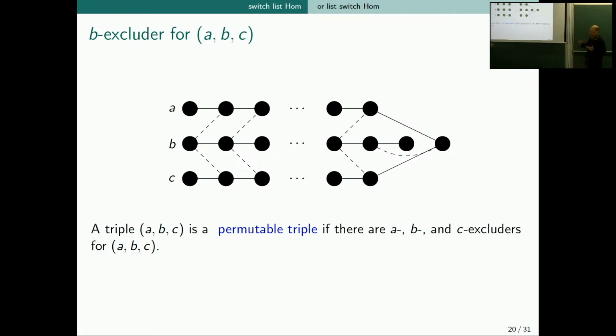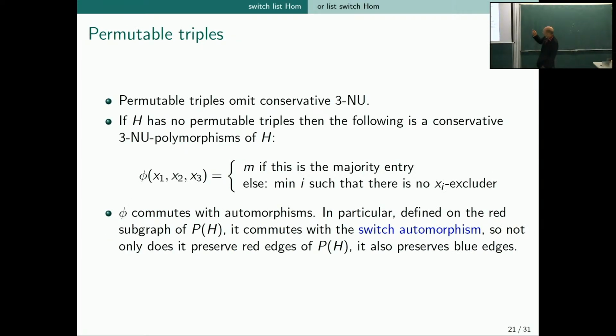So if I have this structure in my graph for A, B, and C, my polymorphism can't map to B. If I have a similar structure with B in the middle in one of the structures, A in the middle in another, and C in the middle in the other, then I can't have a 3NU polymorphism. I call this a B excluder. And if we have all these, an A excluder, B excluder, and C excluder for ABC, we call that a permutable triple.